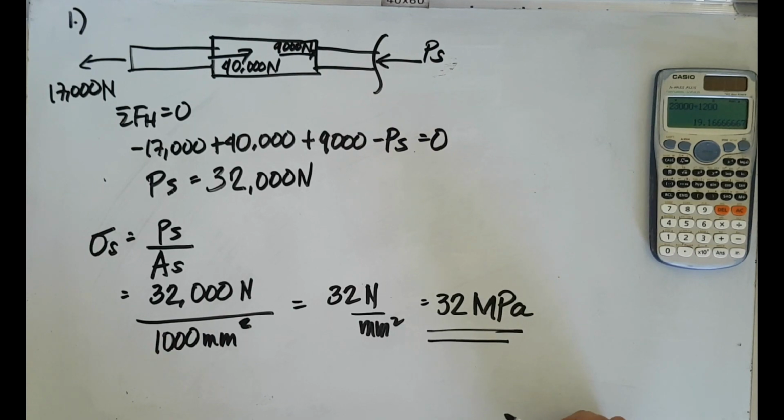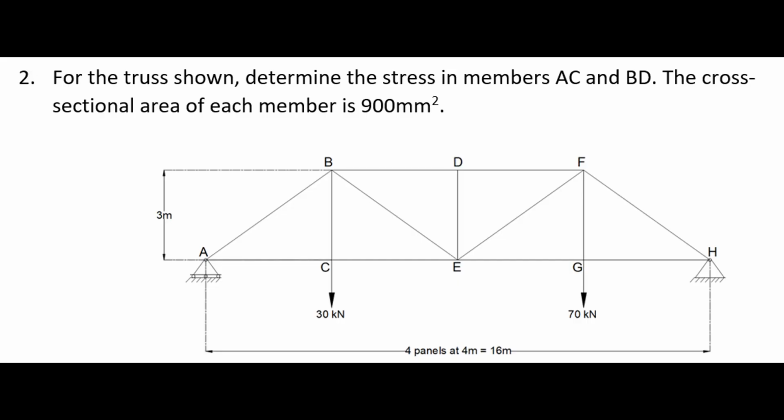So it is equal to 32 megapascal. So whether you start on the steel section or on the bronze section, you will arrive at the same answer.